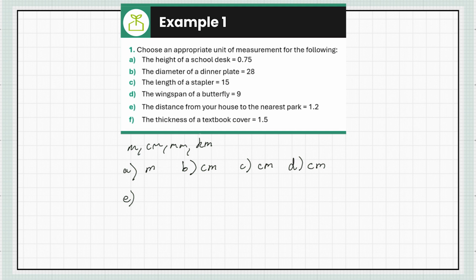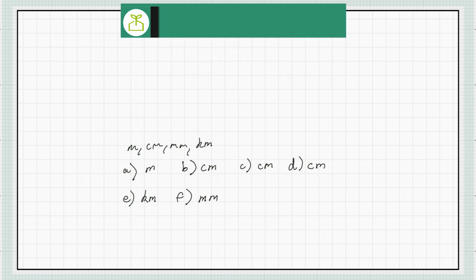Well, in reality, people do live quite close to parks, but it's really not 1.2 meters away, so let's say it's 1.2 kilometers. And finally, F, the thickness of a textbook cover. So just the cover, not the textbook, just the outermost piece of paper or cardboard, and that's going to be in millimeters, 1.5 millimeters thick.